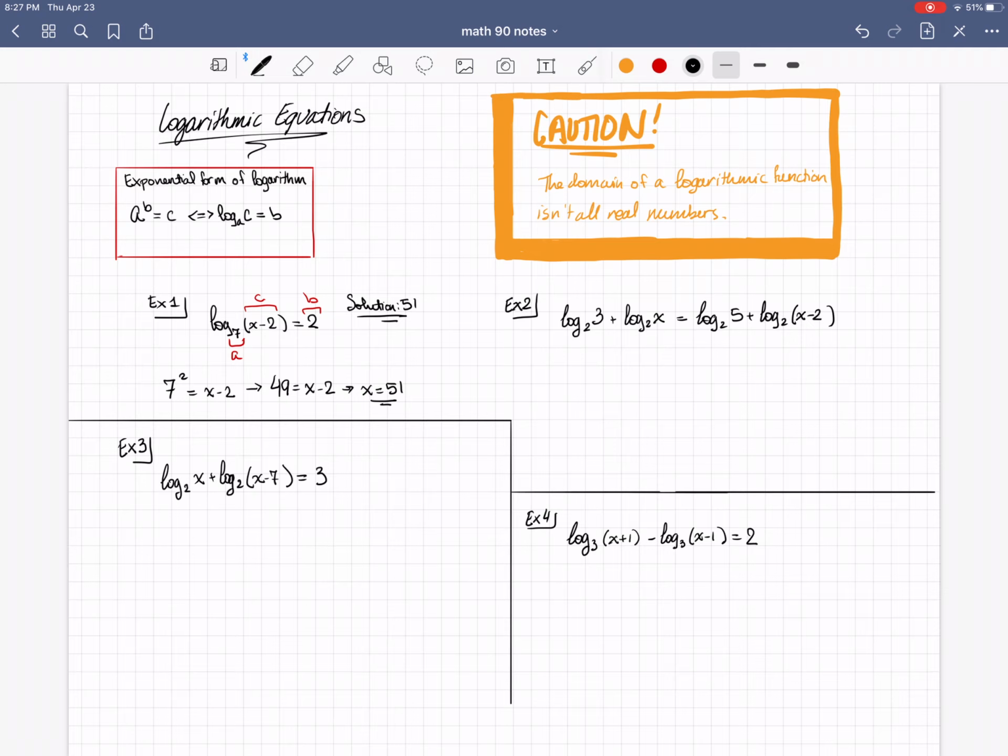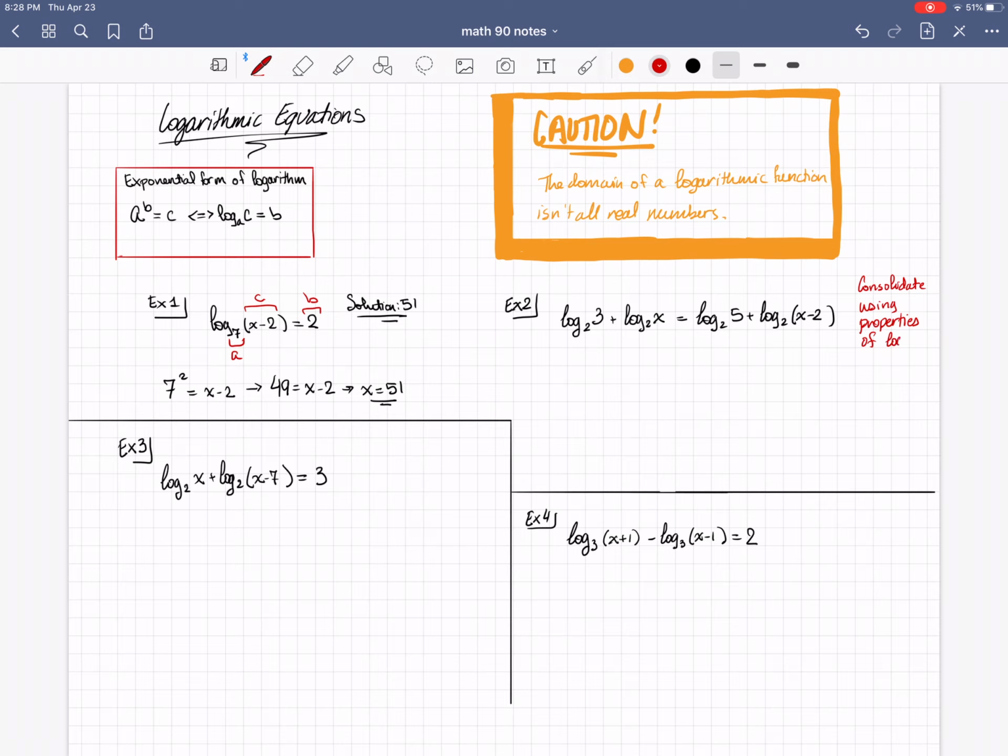I want you guys to notice something. In example 1, your log was completely consolidated on one side, which is what enabled us to use logarithmic and exponential form. In all of the other examples, you have multiple logs on one side. So the first thing that we're going to do is consolidate both sides of the equal sign using properties of logarithms.